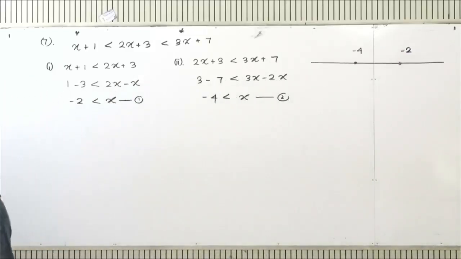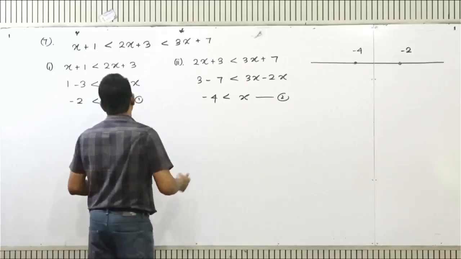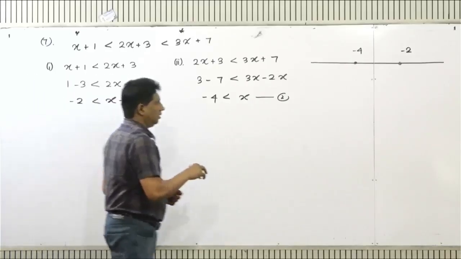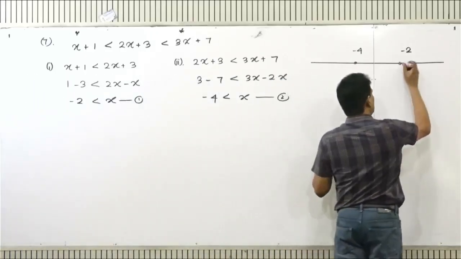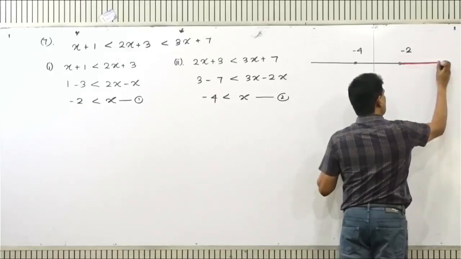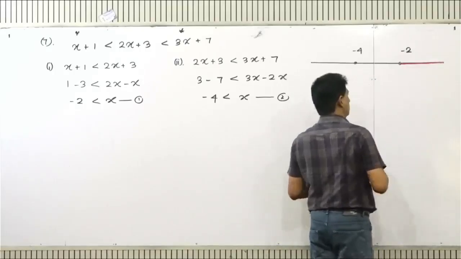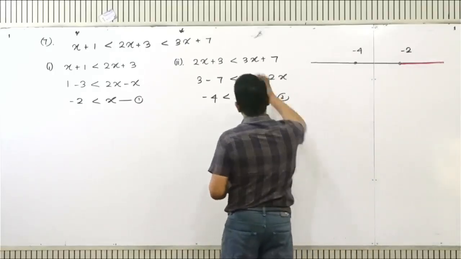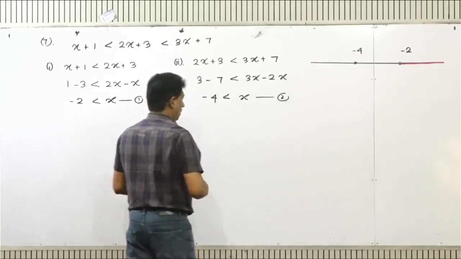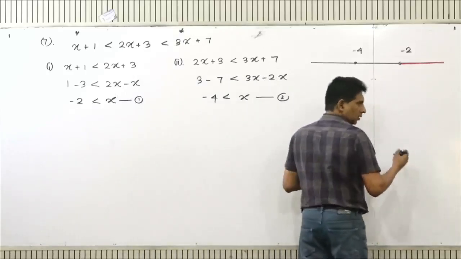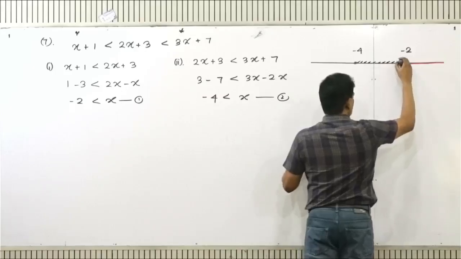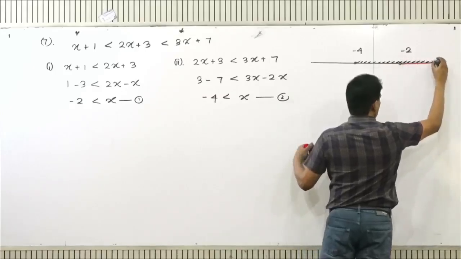Now, for this inequality, the solution set is greater than negative 2. That means the right hand side of this circle. In this inequality, the solution set is greater than minus 4. Greater than minus 4 means this area.